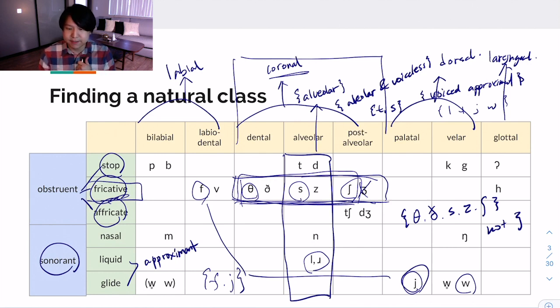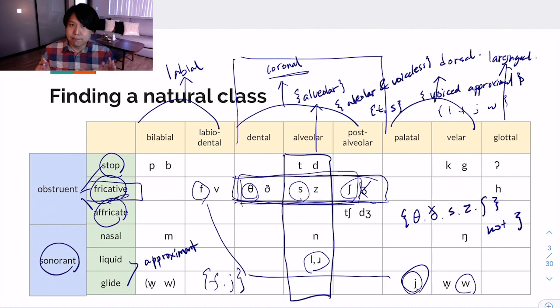You're going to see this more often later because there are certain phonological rules that are applied to every element in a certain natural class. So, for example, there can be a phonological rule in English that is applied to these 6 consonants: tha, the, sa, za, sha, ja.